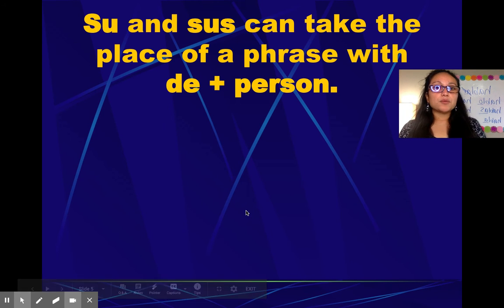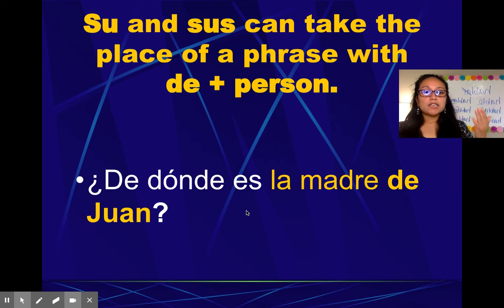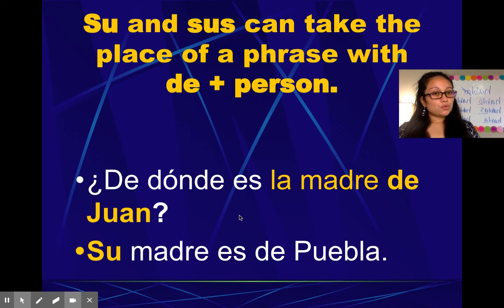Su and sus can take the place of a phrase with de plus a person. So what does this mean? If you're saying, ¿de dónde es la madre de Juan? Where is Juan's mother from? You would say, her mother is from, and then wherever she's from. What is her in Spanish? Su. Su madre es de Puebla.